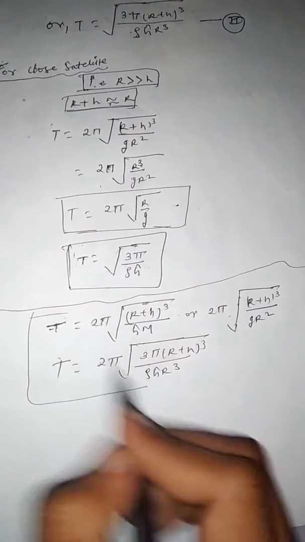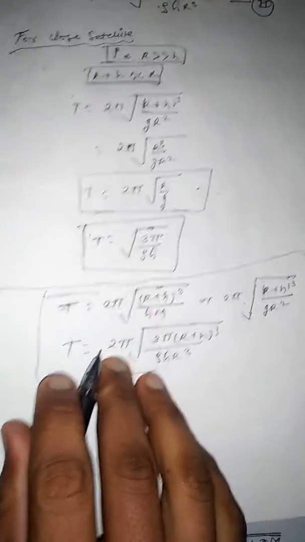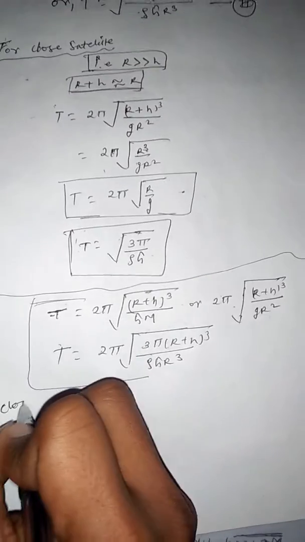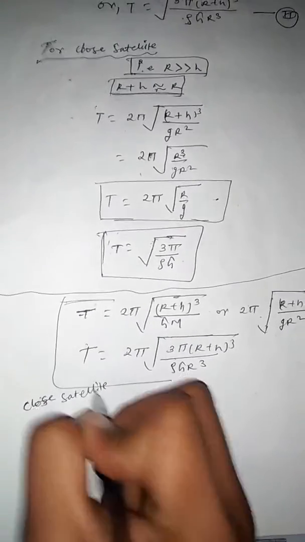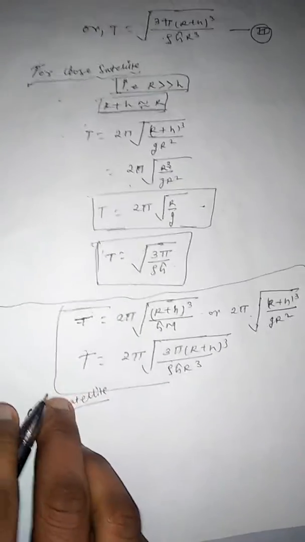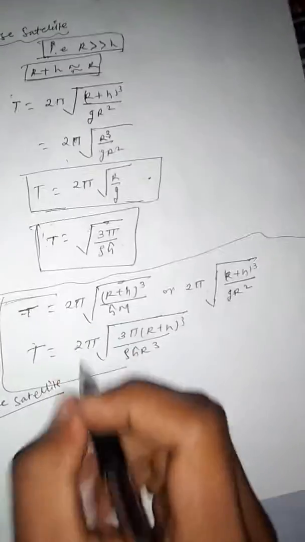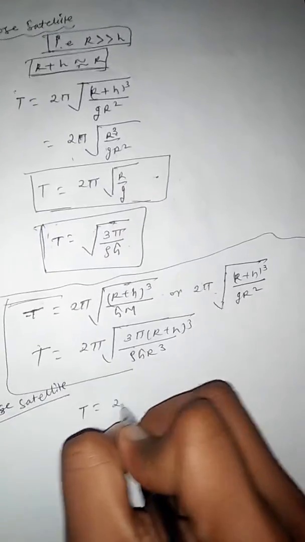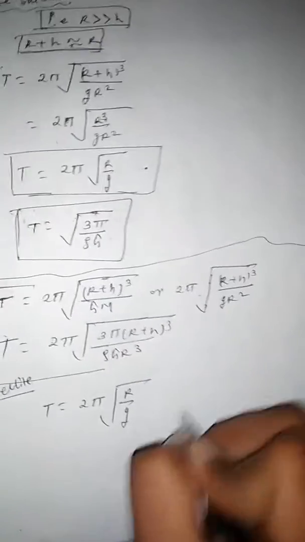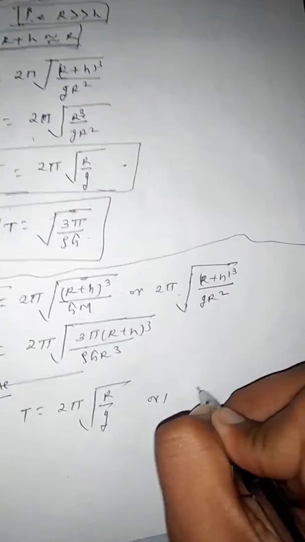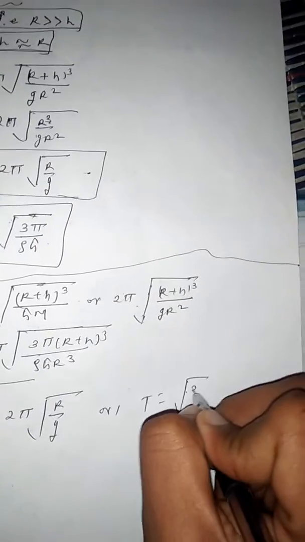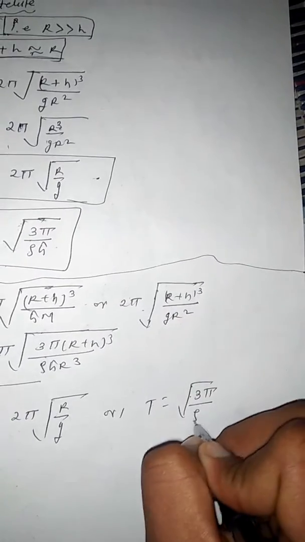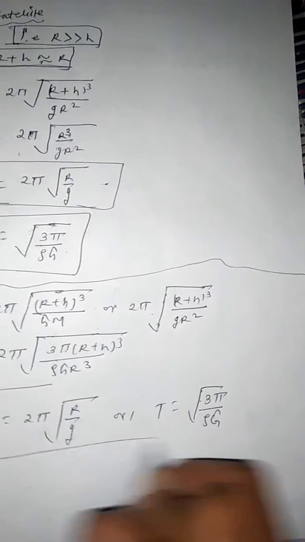These are for the normal satellite. For a very close satellite where the height is very small, the time period is 2 pi root r by g, or it can also be written as root 3 pi by rho g.